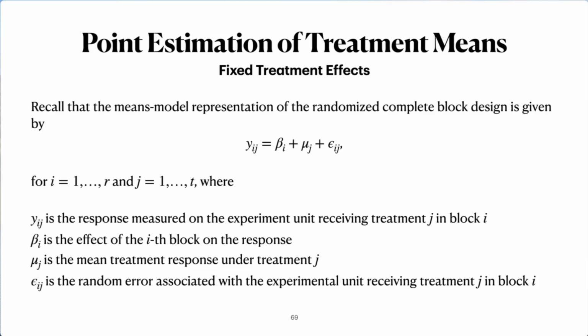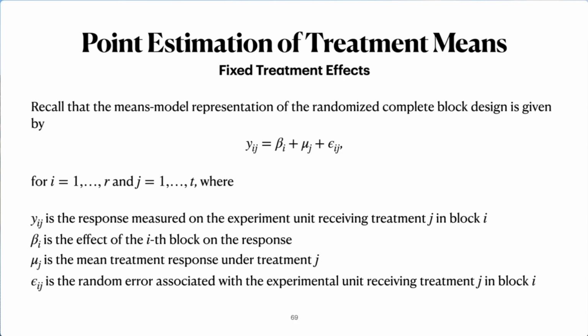Again, the first subscript i corresponds to the block, i going from 1 to r, where r is the number of blocks. The second subscript, j, represents the treatment, and there are t treatments, so j is going from 1 to t. So y sub ij is the response measured on the experimental unit that is receiving treatment j in block i.